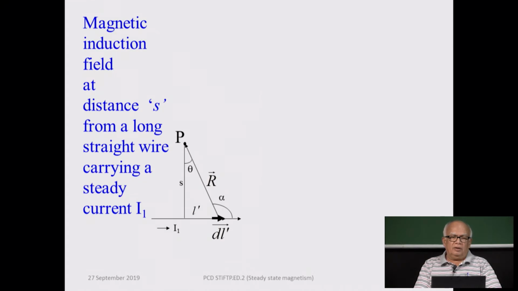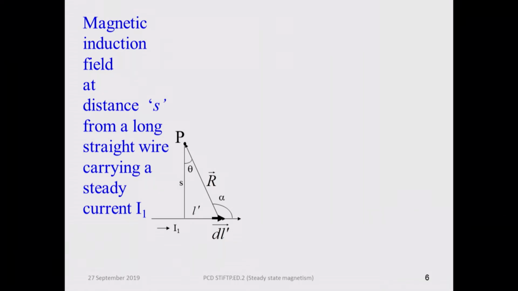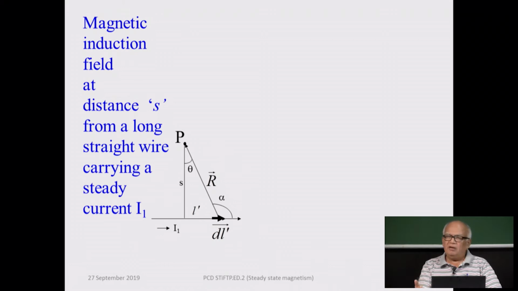Now, if you use the Biot-Savart law and estimate what will be the magnetic induction field, this is called the magnetic induction field. The B that we are talking about is often called just the magnetic field, but more comprehensively it is called the magnetic induction field, because there is another magnetic field which we will be talking about later on when we talk about specific materials which have intrinsic magnetism, even when there is no current flowing through it.